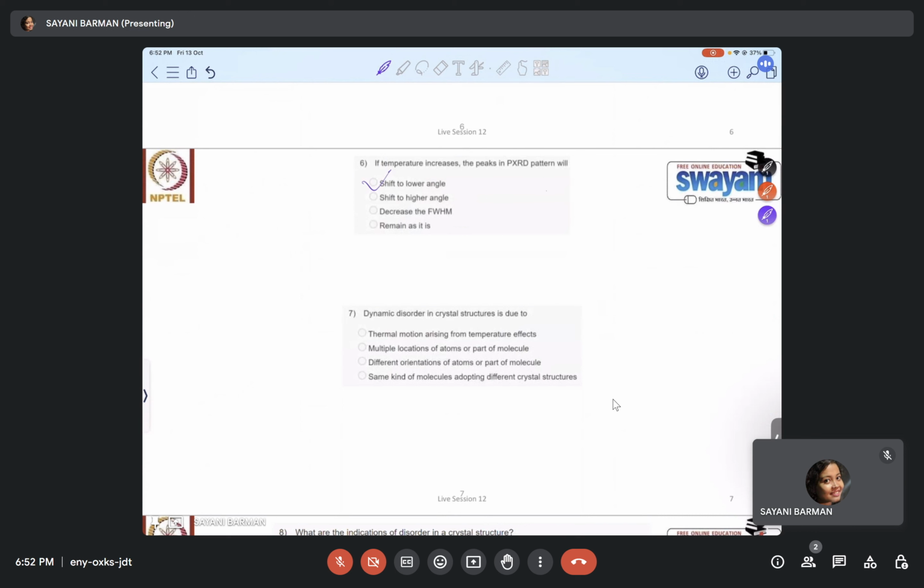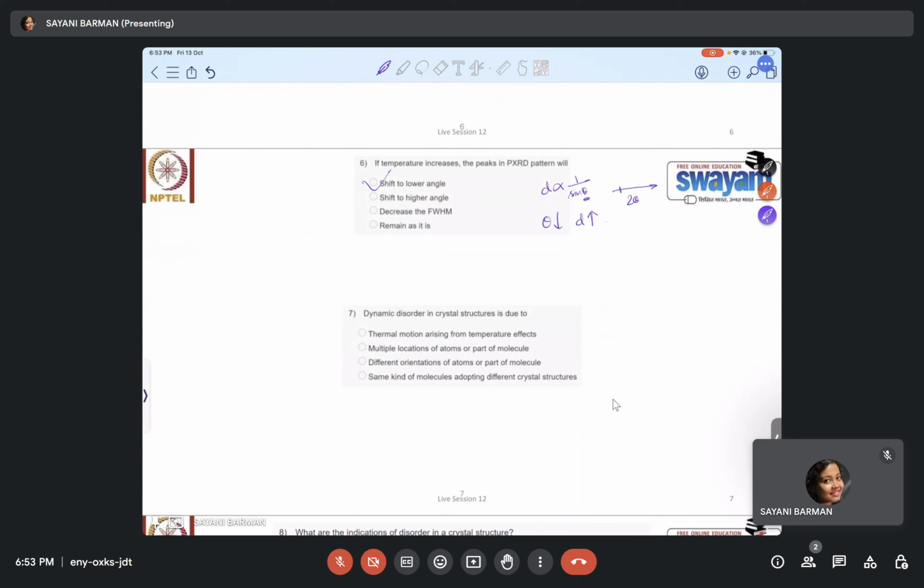So d is inversely proportional to sin theta, right? And in a PXRD pattern, the x-axis is 2 theta, which in a sense is theta only. So if the peak shifts to a lower angle, it means theta will be lower. For theta to become lower, d has to be higher.